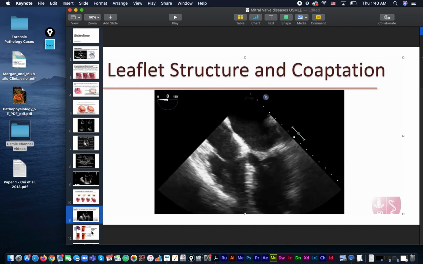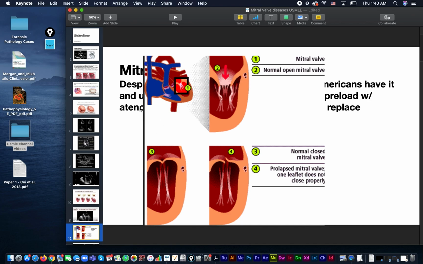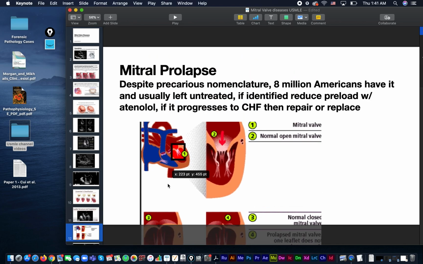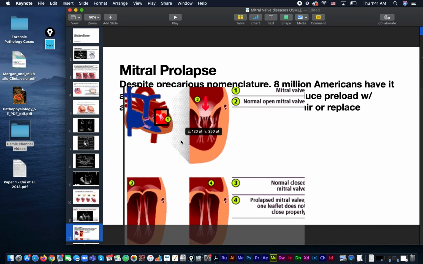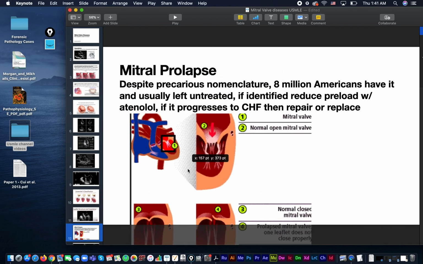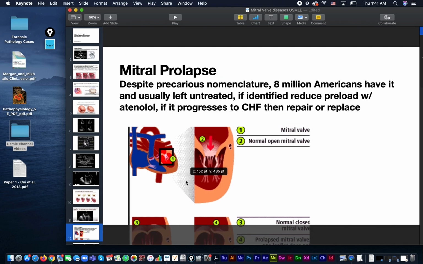So, yeah. Okay, so that's it for regurgitation. Let's try to go on to prolapse. Despite the precarious nomenclature, this prolapse simply means that one leaflet does not close properly. It can progress.